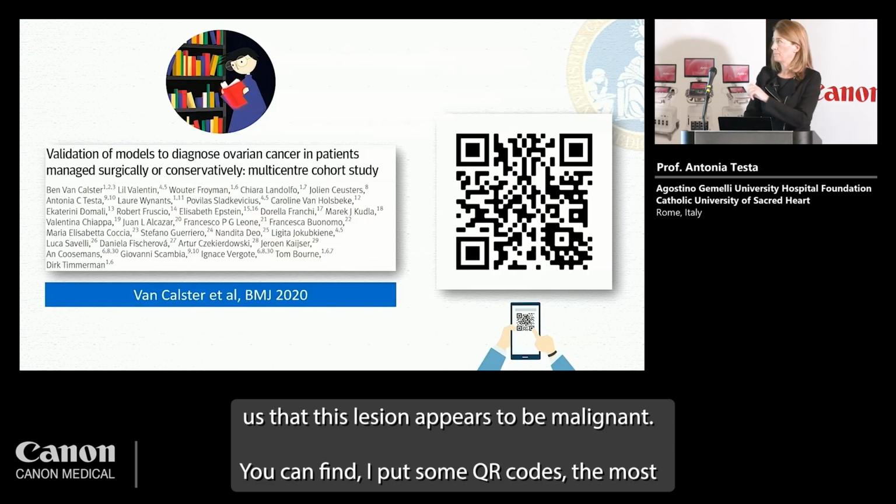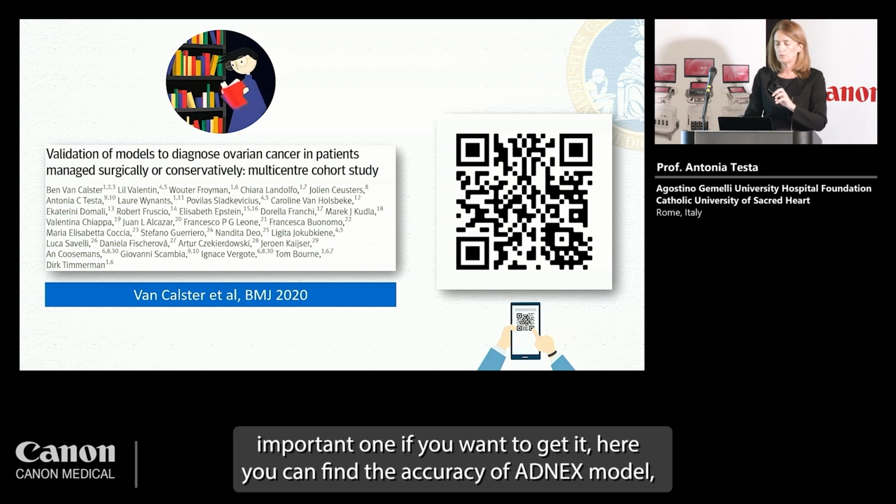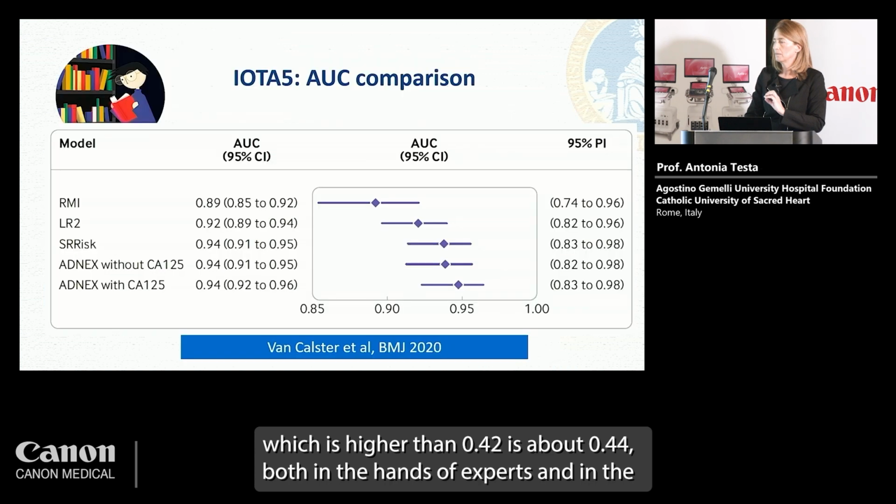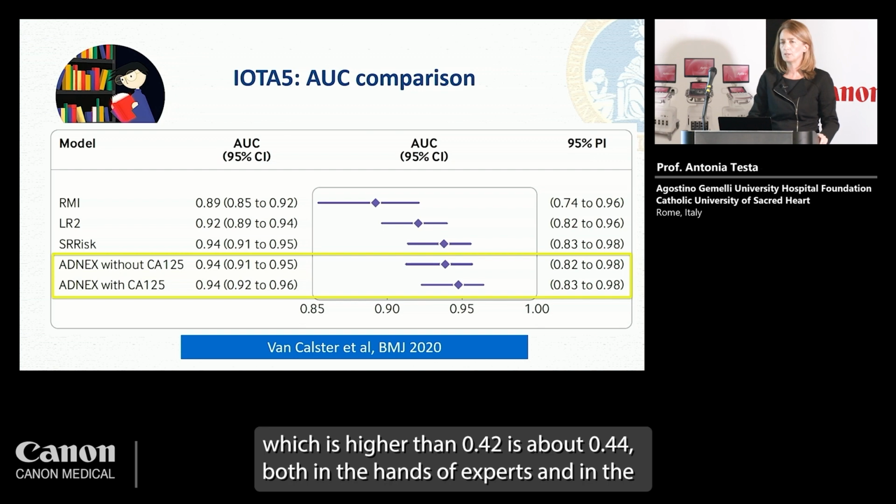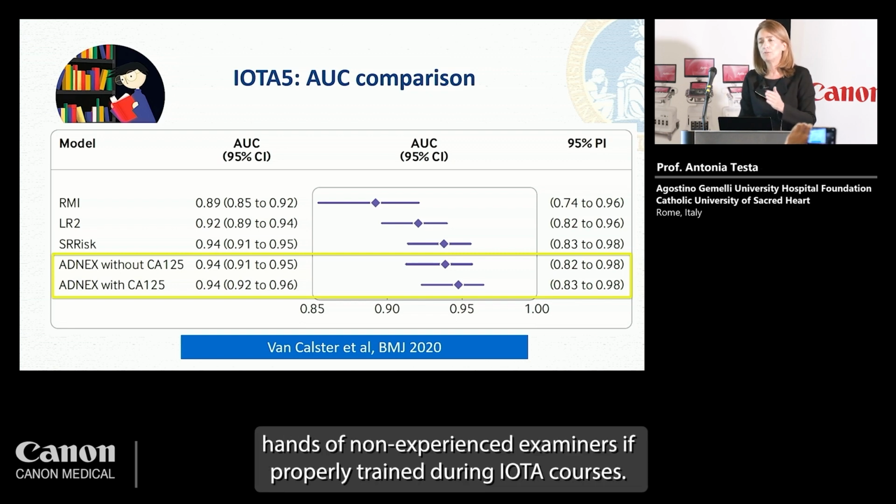You can find, I put some QR codes, the most important one, if you want to get it. Here you can find the accuracy of the Adnex model, which is higher than 0.90, about 0.94, both in the hands of experts and in the hands of non-experienced examiners, if properly trained during IOTA courses.